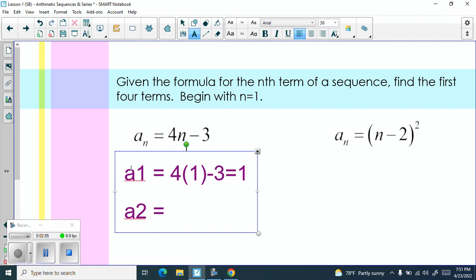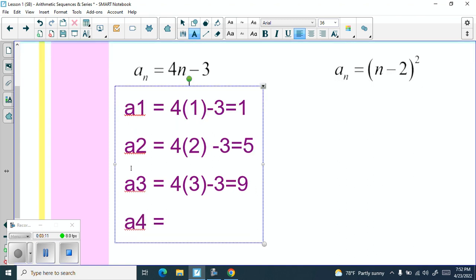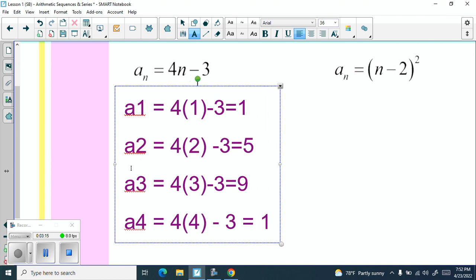A sub 2, we would do 4 times 2 minus 3. 4 times 2 is 8, minus 3 is 5. A sub 3, we do 4 times 3, which is 12, minus 3, which is 9. And a sub 4, 4 times 4 is 16, minus 3 is 13. So there's our first pattern there.